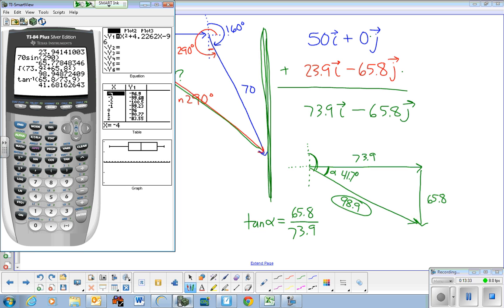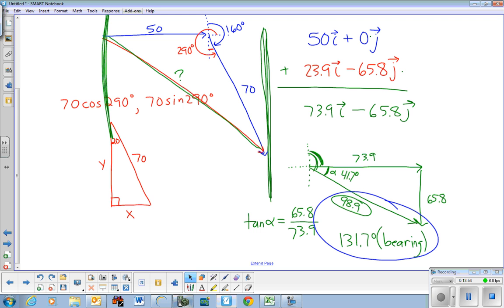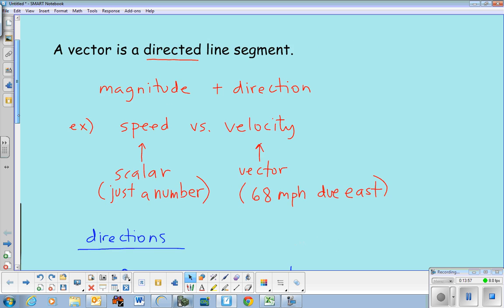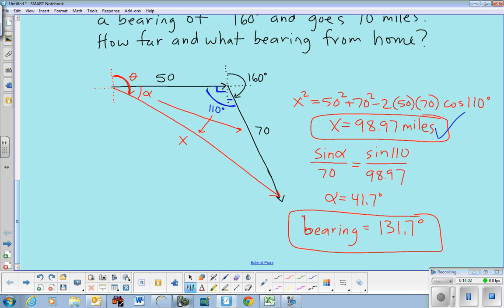which gives me a bearing of that much plus this 90, for a final answer of 98.9 miles, bearing 131.7. All right, so this is another area where we will use vectors.